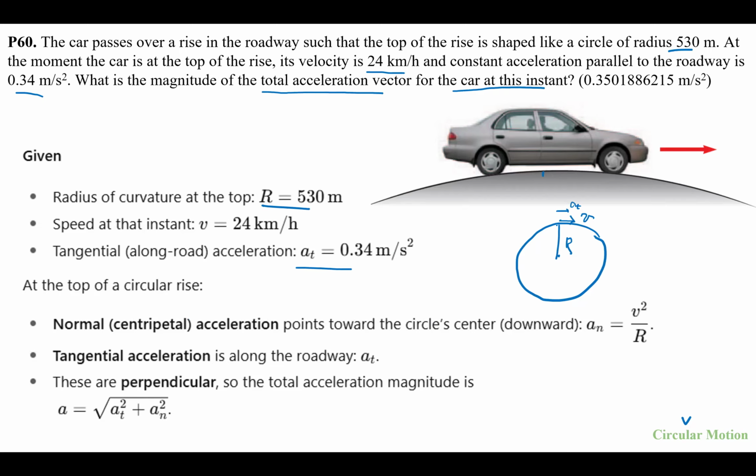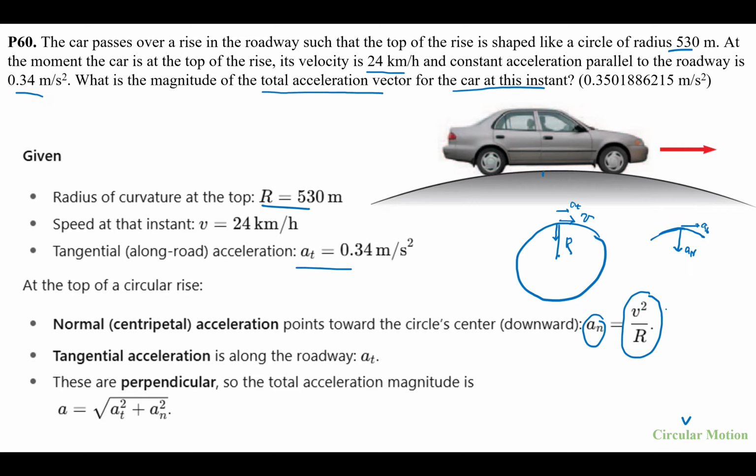So here are two different types of accelerations. At the center here, we may have a tangential acceleration as well as normal accelerations. And then this is the centripetal force.